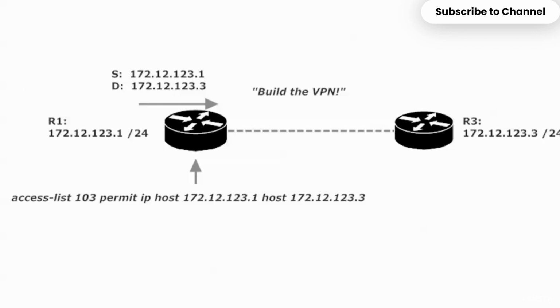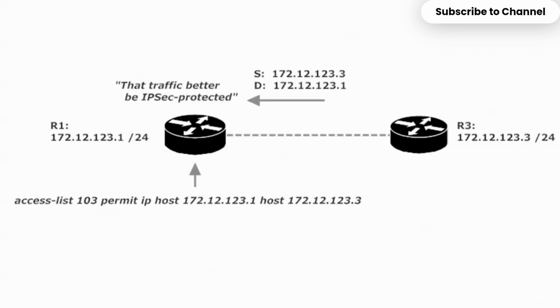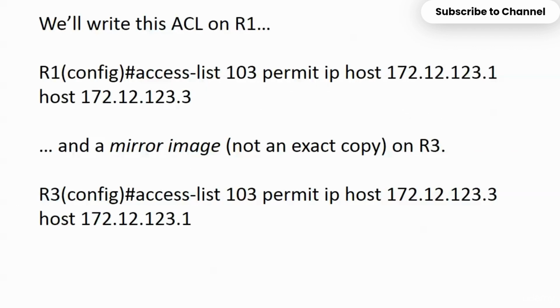So far, so good. But when traffic comes back, the ACL on router 1 is read backwards, where the source is 123.3 and the destination is 123.1. When the traffic comes in, router 1 is saying, okay, that traffic better be IPsec protected, or I'm going to drop it like a rock. So while the ACL we write is just like the extended ACL we've written everywhere else, the operation and application of it is a lot different.